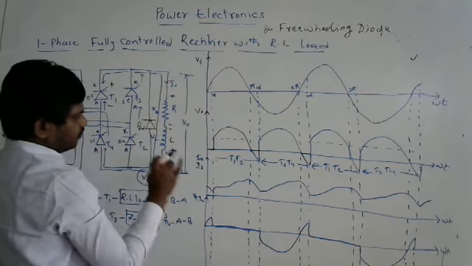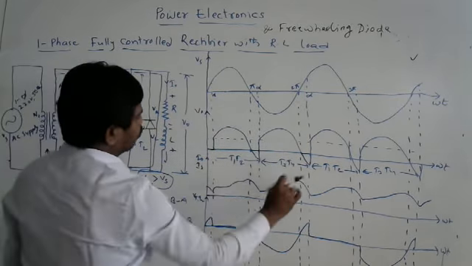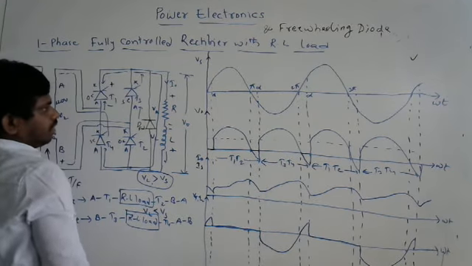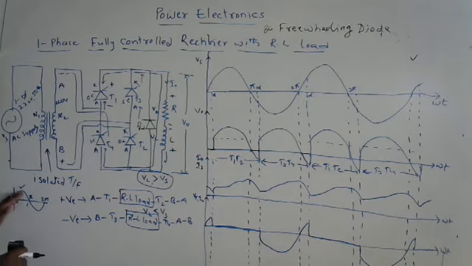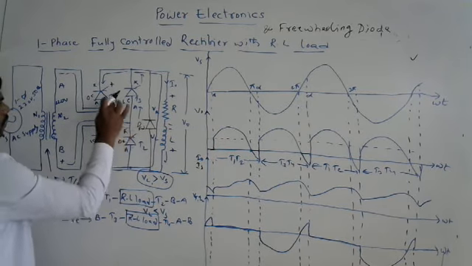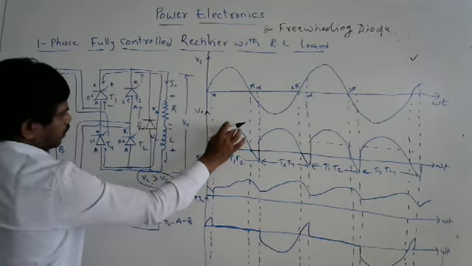These are my waveforms. I want to skip this negative part in the output voltage. Same thing: positive voltage from the input side is applied to the transformer. Due to that, T1, T2 are triggered together at alpha and allow the current to flow.